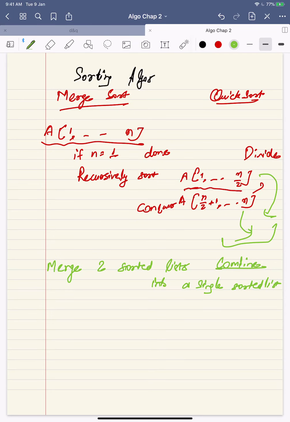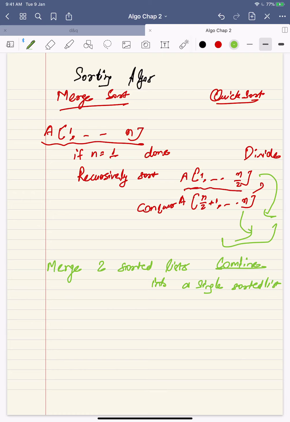And you can very quickly write a pseudocode if you want. The main program is very easy. You have to call merge sort again twice, and finally you have to merge the outputs. That's all you have to do in the main function.